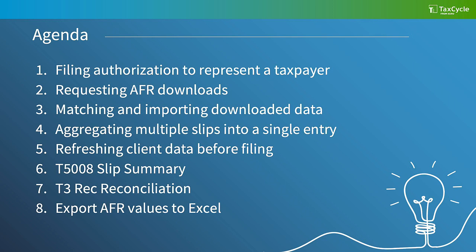We'll also show you that you can do AFR multiple times, so you can make a final check before you file the return to make sure that additional slips have not shown up. We'll show you a couple of summaries, and finally we'll show you how you can export some of your AFR values to Excel if you want to do something with the T3 or with T5008 slips there.